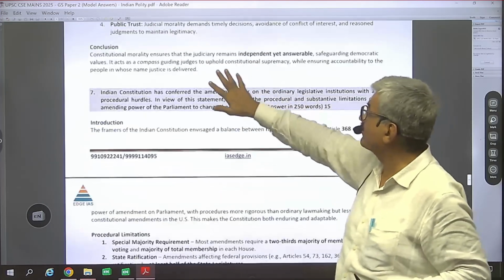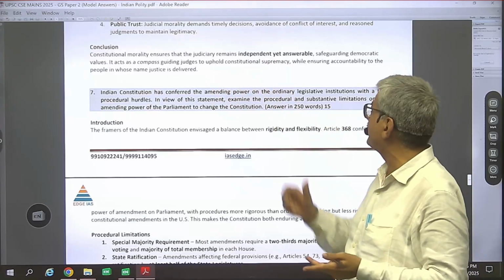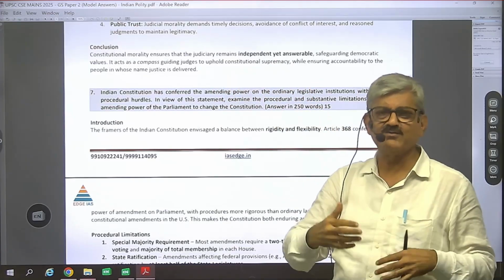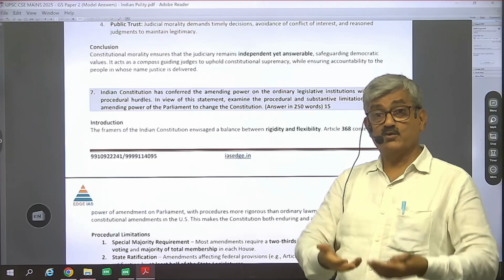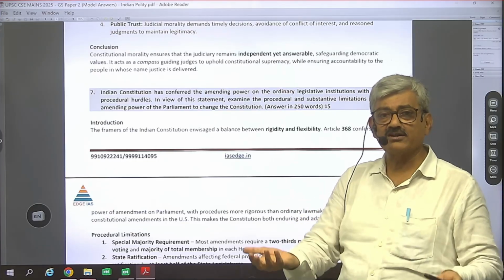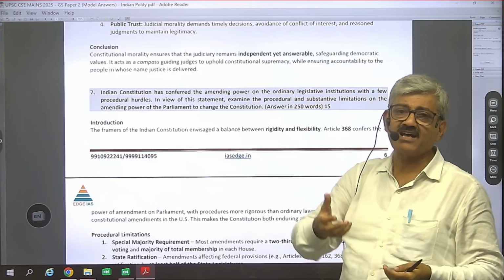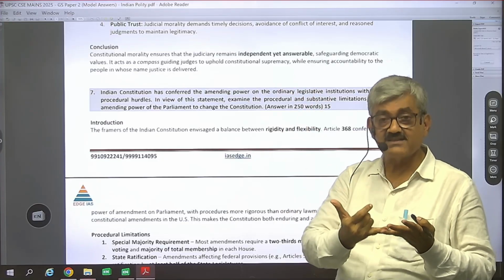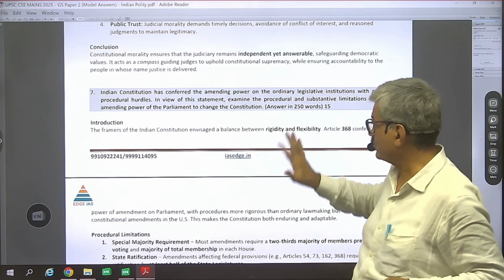So we have concluded that this ensures the judiciary remains independent, and at the same time it is answerable and accountable to itself and accountable to the country, democratic ethos, and the systems, values, transparency, integrity, all sorts of things.